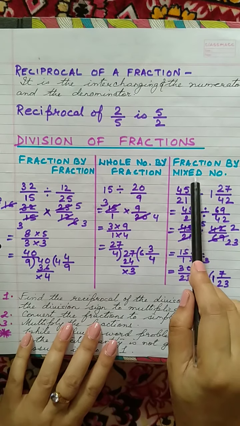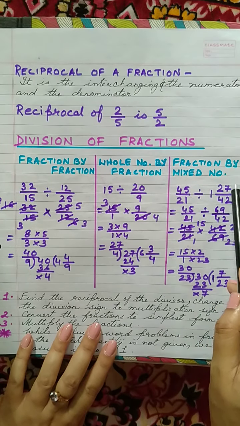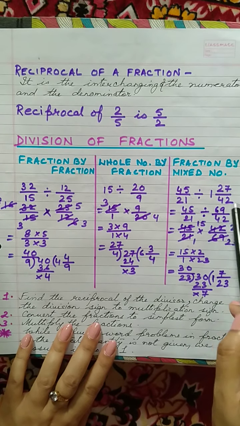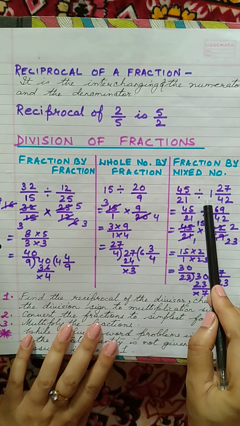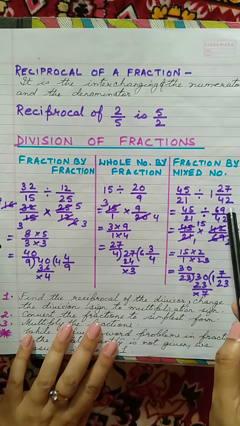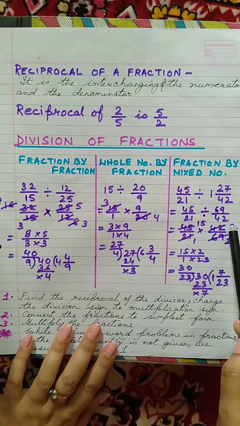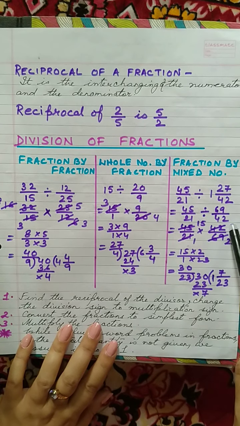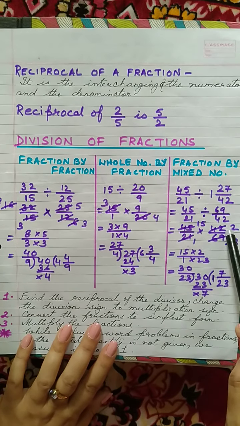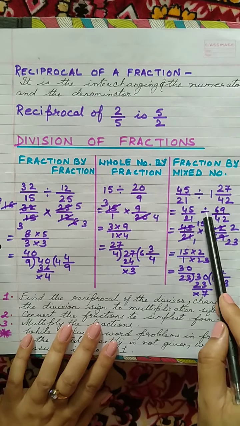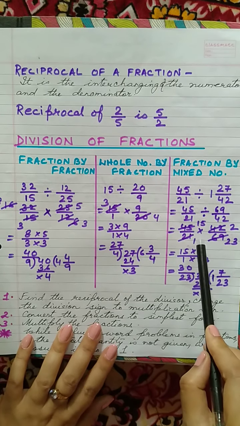Then we have fraction by mixed number. Now we have to change the mixed number to an improper fraction. 42 ones are 42 plus 27, that is 69 by 42. Now we take the reciprocal of it, that is 42 by 69. We change the sign to multiplication.